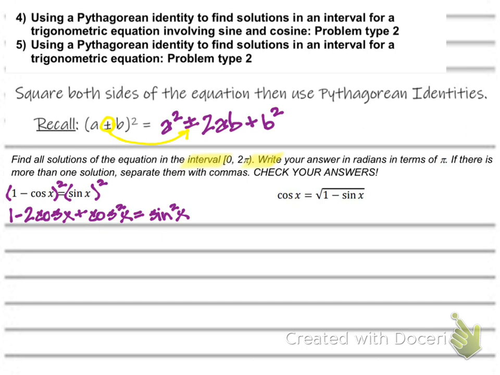Do I want to turn the cosine squared into a sine squared or the sine squared into a cosine squared? The sine into the cosine, right? Because then I'll have only one trig function I'm working with. So 1 minus 2 cosine x plus cosine squared x equals 1 minus cosine squared x.